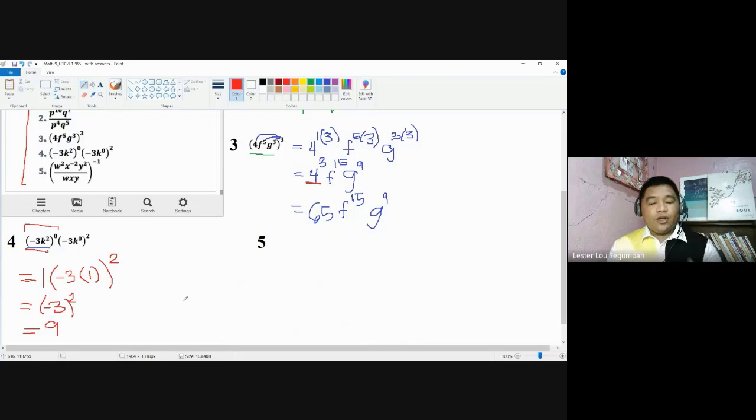This is with the use of the law of zero exponent, where we could just apply immediately that any expression or number or variable or term raised to the power of 0 will always be equal to 1. The longer method for this is to apply the power law to all terms. Let us see what will happen. For the first term, you will have negative 3, originally raised to the power of 1 times 0, and then you have k to the power of 2 times 0.